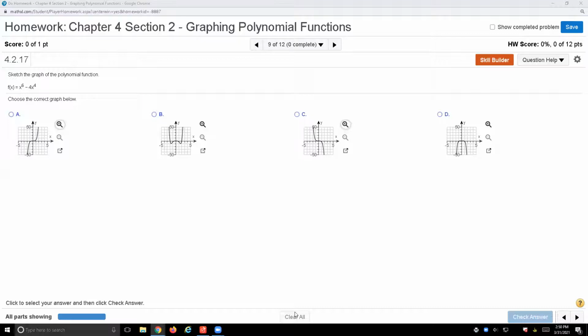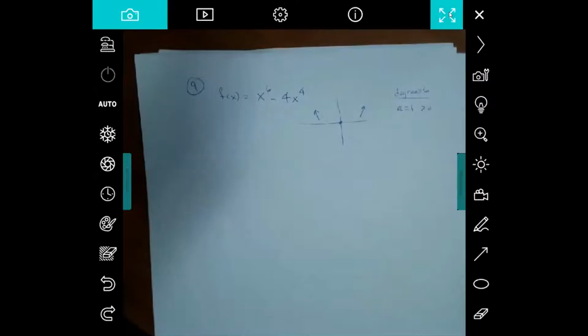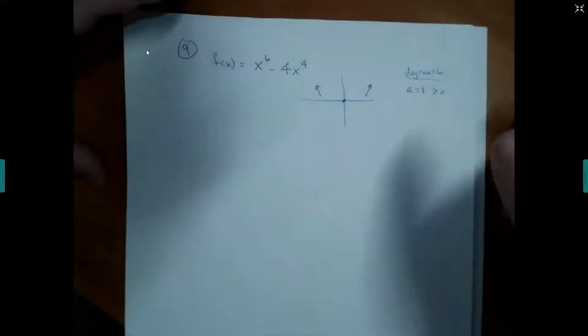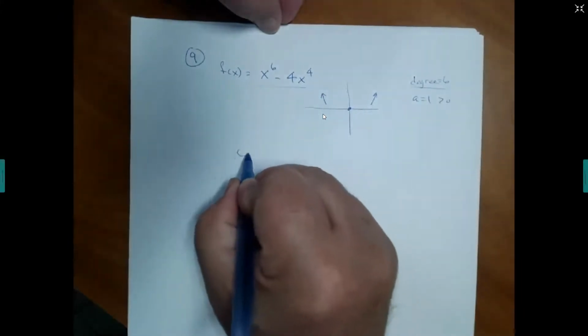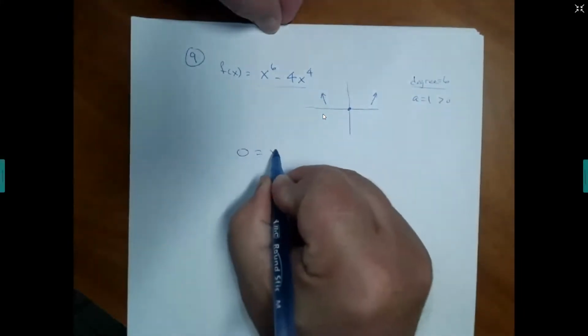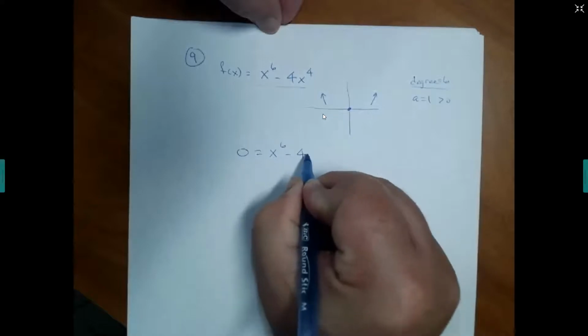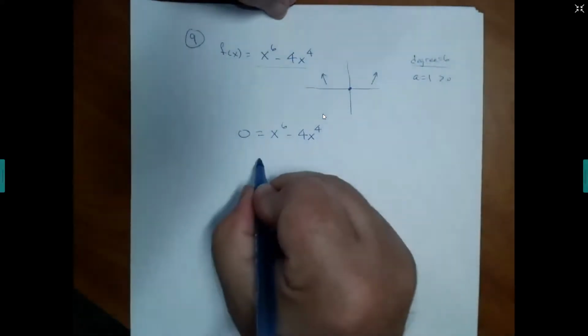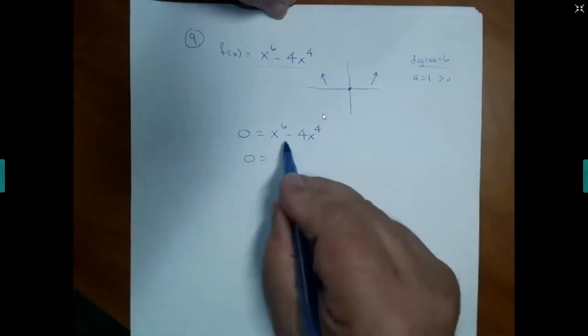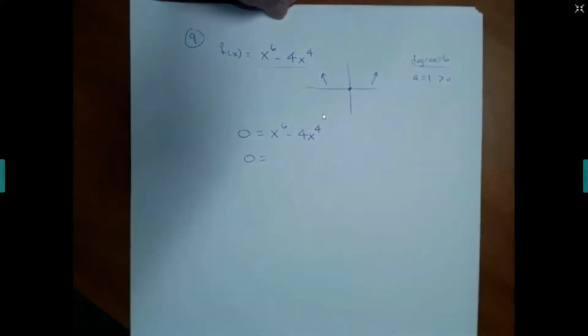But we can go one step further. We can figure out what the exact x-intercepts are because it's a pretty easy equation. Set the equation equal to 0. What do both of these terms have in common?